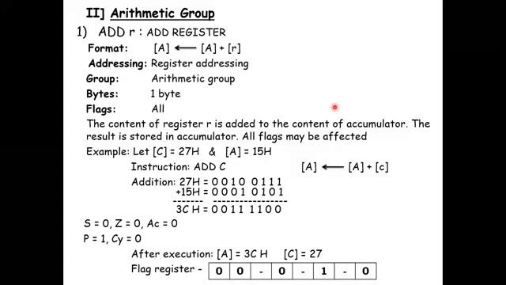There is no auxiliary carry between D3 and D4, so auxiliary carry will be 0. The output has an even number of ones, so the parity flag will be 1. Carry is 0, because there is no carry out of D7.